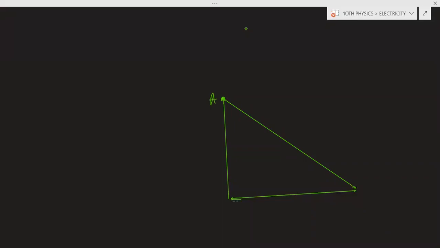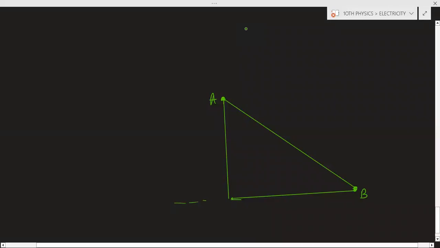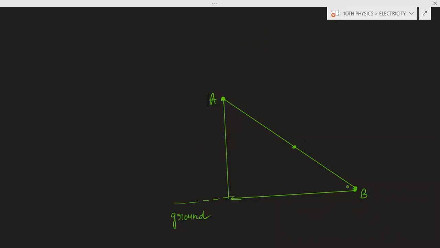This is the point A, and this is the point B, and this is the ground. A is at a higher height and B is on the ground. You can take another point also, C. C is a little up from the ground. This is at height h1, and point A is at height h2, and h2 is greater than h1.